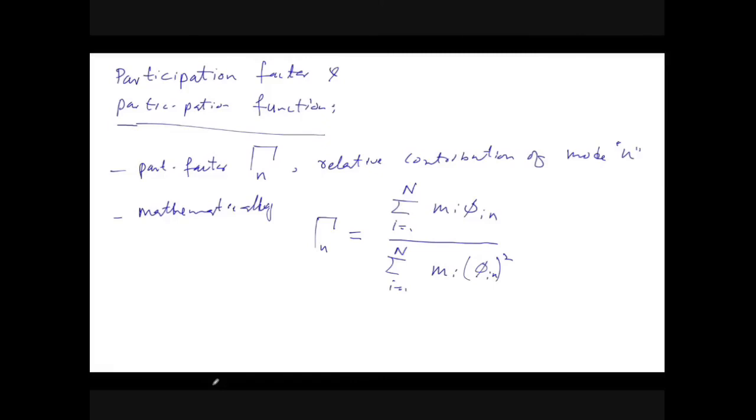Now, in this equation, mass at each floor will be constant, but mode shape can vary. Whether you are using the original mode shape or the normalized mode shape, the gamma factor will change. So gamma factor is dependent on the mode shape. But we will see that the participation function does not change, and for a given mode, it's a constant value.